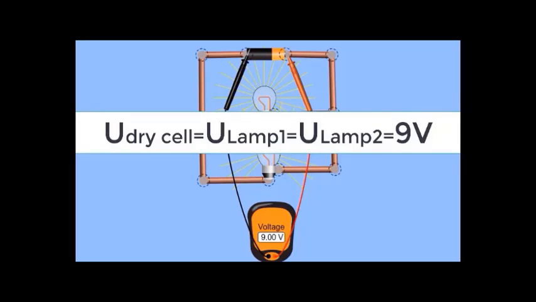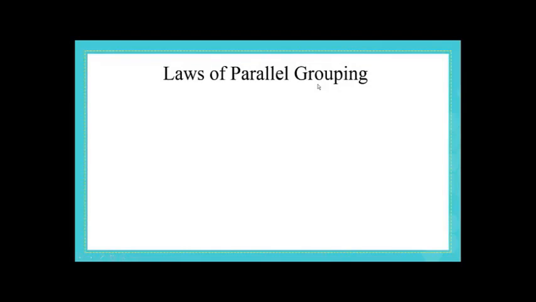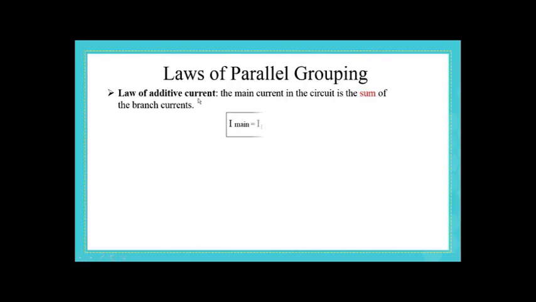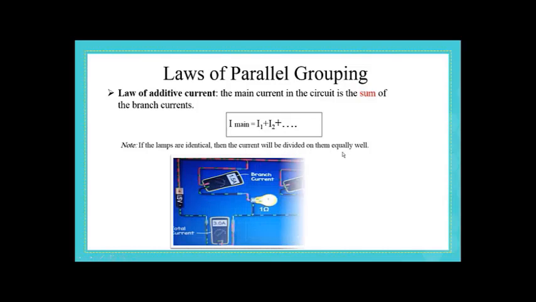So in parallel grouping, the first law to be taken is the law of additive current, which means that the main current is equal to the sum of the currents traversing the different components. If the components are identical, then the current will be divided on them equally.